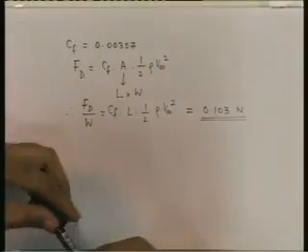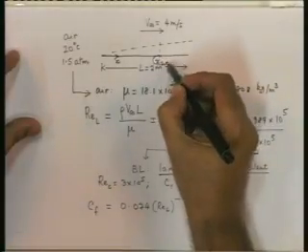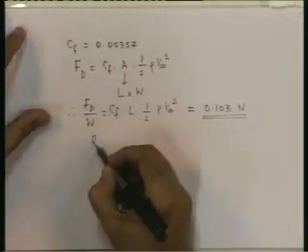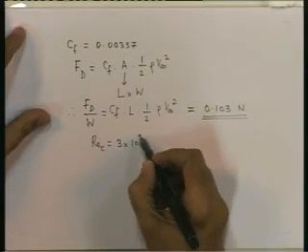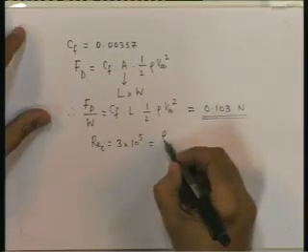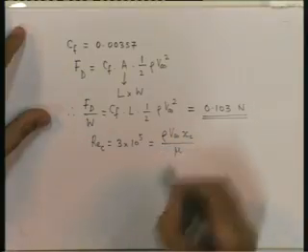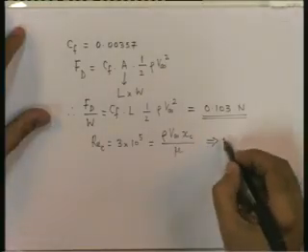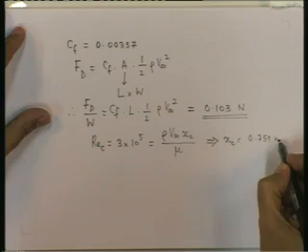Finally, because we have determined that the boundary layer is laminar followed by turbulent, we have to determine the value of XC. The value of XC can be determined by using the requirement that REC is 3 into 10 raised to 5. And REC is nothing but rho V infinity XC divided by mu, from which, because we know rho V infinity and mu, this gives us XC is 0.751 meters.